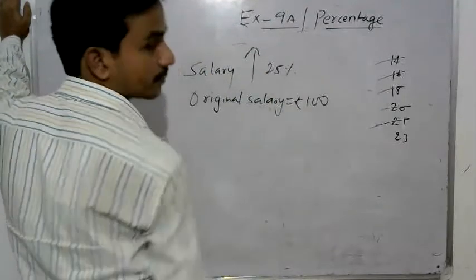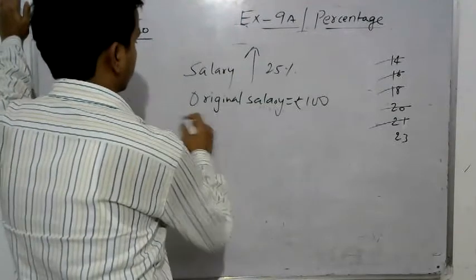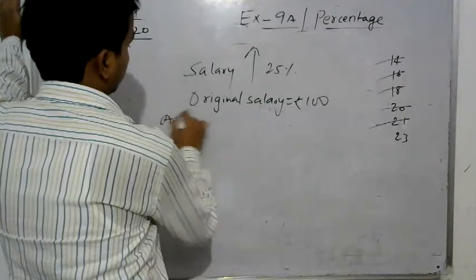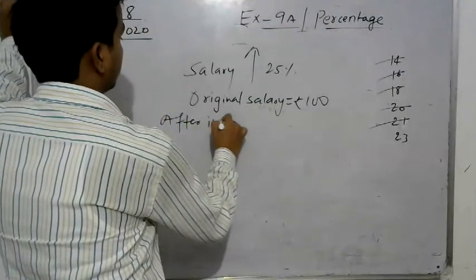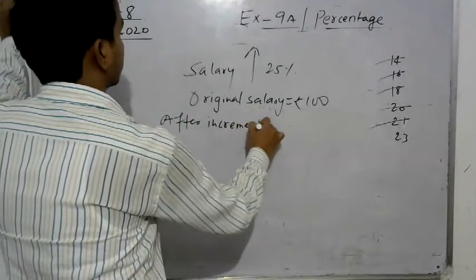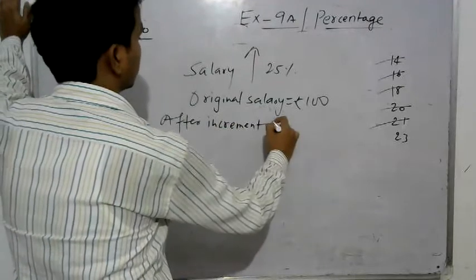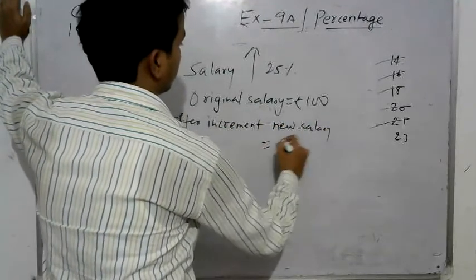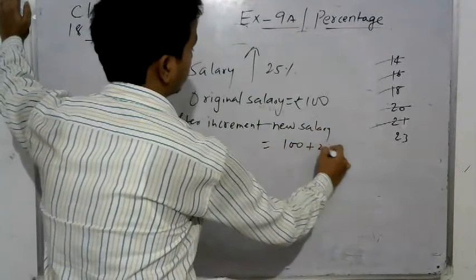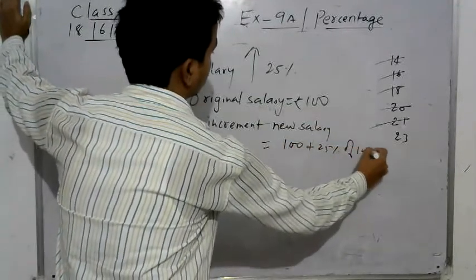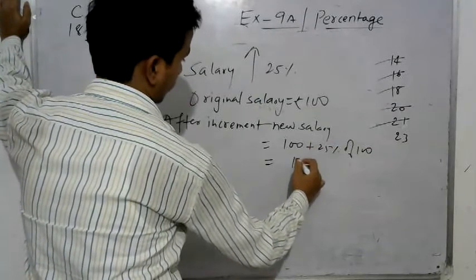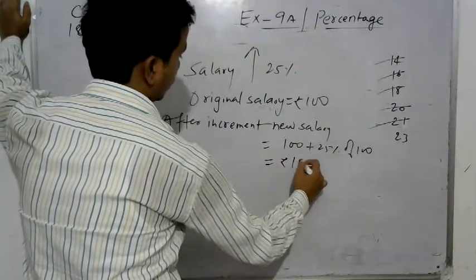Now it is increased by 25%. So after increment, the new salary will be equal to 100 plus 25% of 100. Solve it, you will get rupees 125.